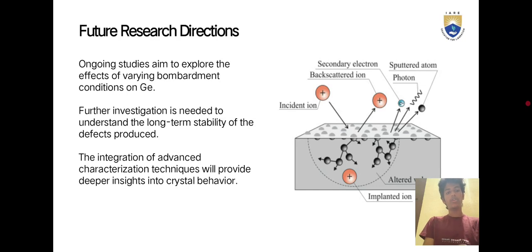Future investigation is needed to understand the long-term stability of the defects produced. The integration of advanced characterization techniques will provide deeper insights into the crystal behavior. This is about the future research directions, and we must follow them because they are very helpful for us.